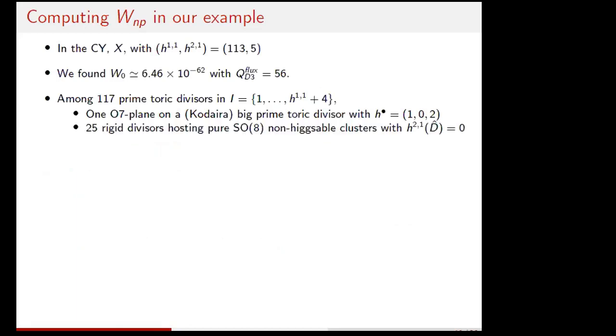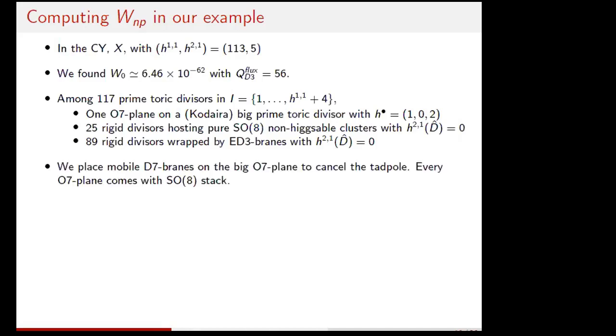There are 25 rigid divisors hosting non-Higgsable clusters with no moduli whatsoever, and those non-Higgsable clusters have SO(8) gauge groups. There are 89 rigid divisors wrapped by D3 branes, and those divisors are also pure. And there are a few more rigid divisors, but they're not pure. So let me just skip them.